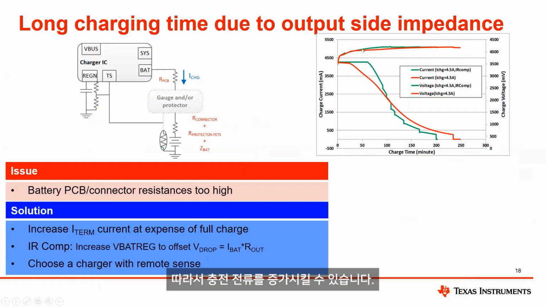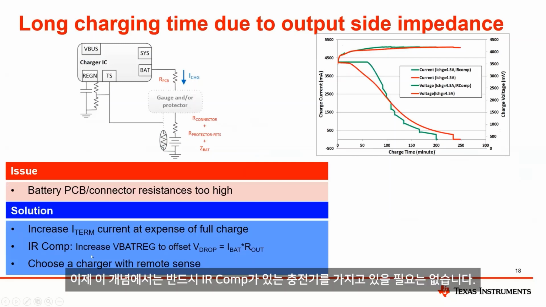So therefore we can increase the charge current, and then you can see that the charger at least thinks that the battery's at a higher voltage with the curve at the top, and then the current itself continues longer at the fast charge pace and then starts tapering later, and then we charge later.